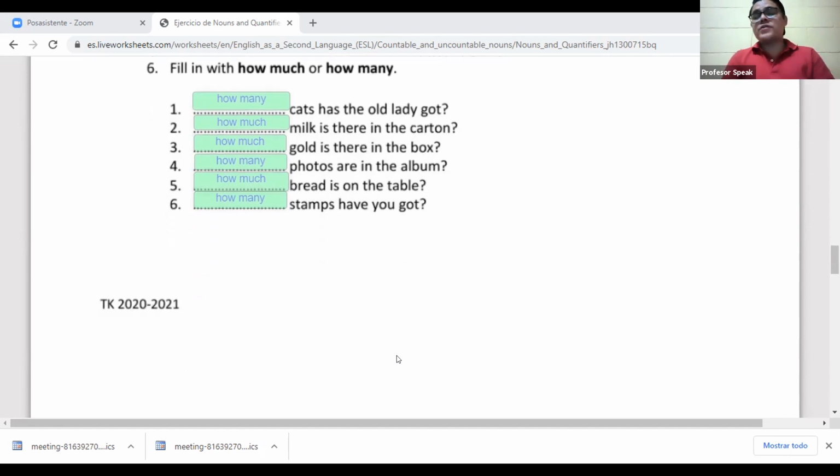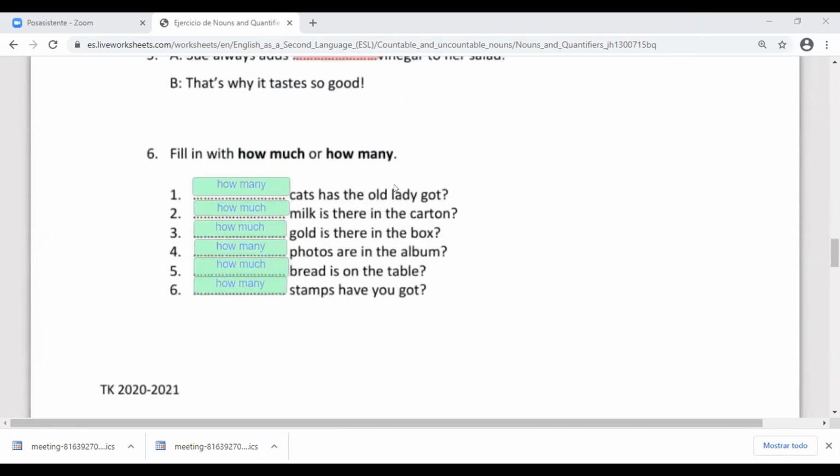Remember that when you use measure words or containers, more than one answer might be possible. It all depends on what you have. But these worksheets have their own answers. Also, they have wrong answers.